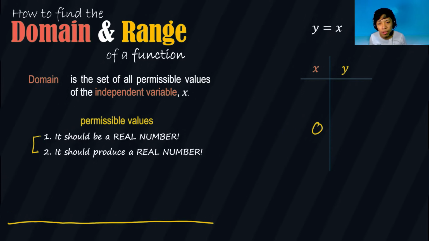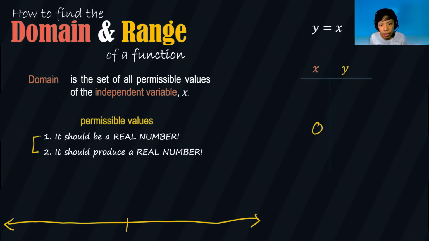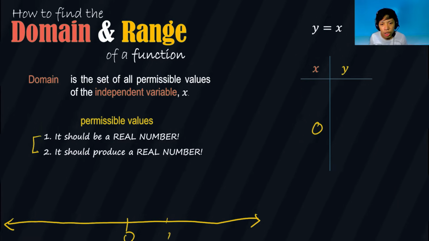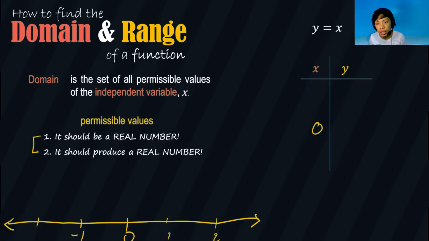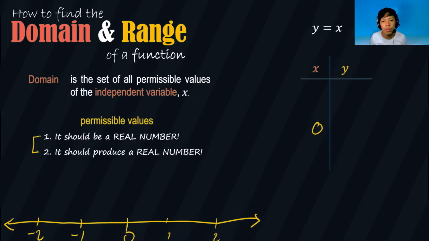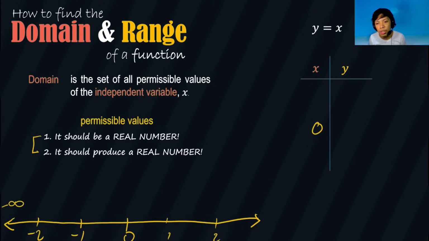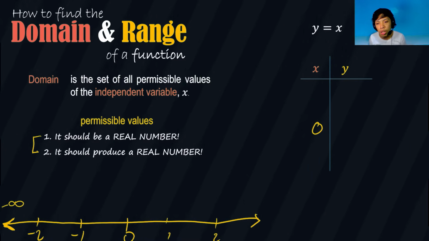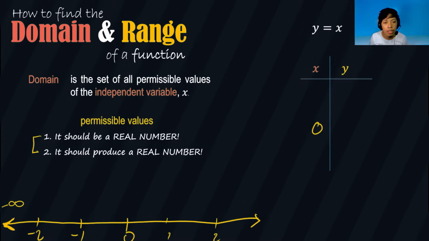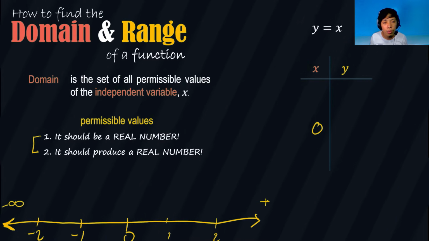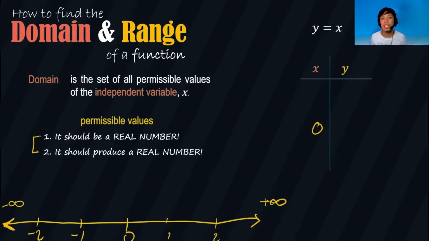Suppose we have here a real number line. We have here the 0, we have here 1, 2, and so on and so forth, -1, -2, and so on and so forth. Here we have the negative infinity. This arrow means it's a never-ending line, so it represents the negative infinity, and this one goes to the positive infinity.